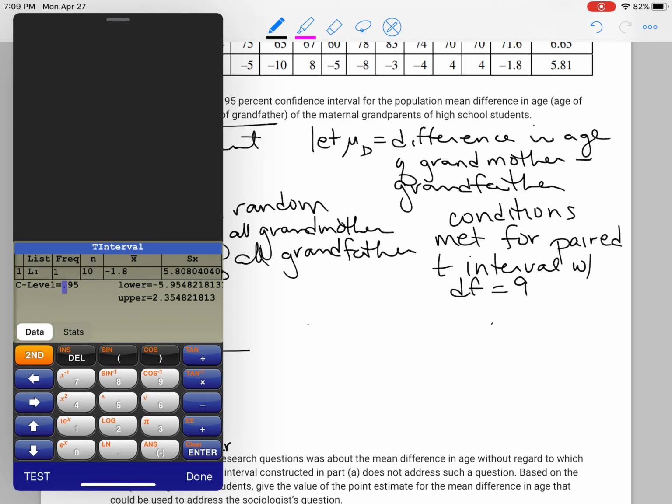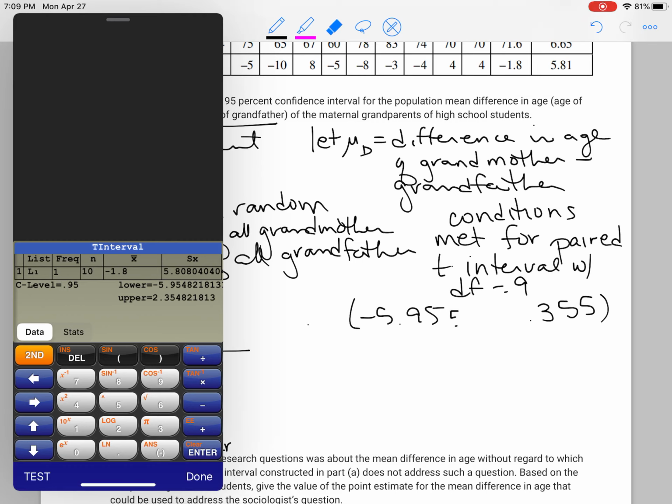And there's our interval. It's from negative 5.955 to 2.355.